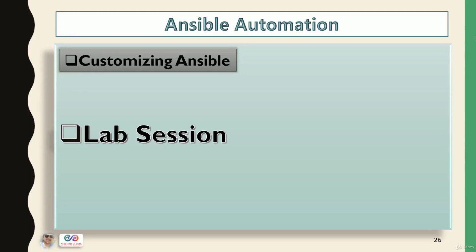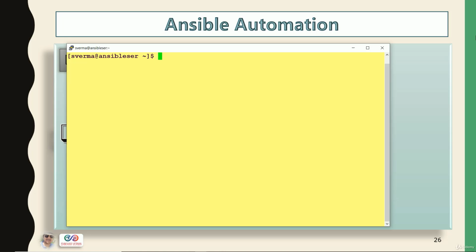This is a lab session on customizing Ansible. So let me quickly log into my Ansible server. You can see I have logged in to my Ansible server as the user S Verma, which is a normal user. Now my Ansible configuration file is this one.